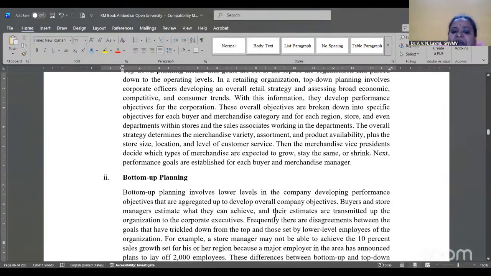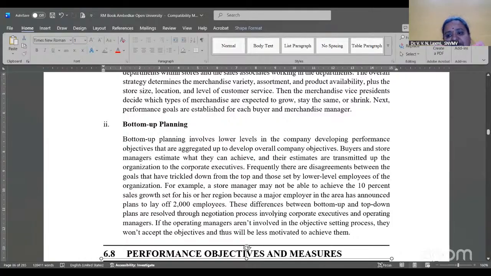Now, in bottom-up planning, it is first the employees working in the stores who give their projected sales for the next quarter or the next year, which are added into a store total. Like that, many stores in a particular area give their projections, and that will be added, and an area sales projection comes. Like that, various areas can be added, and a geographical region or zonal sales figures can be approached.